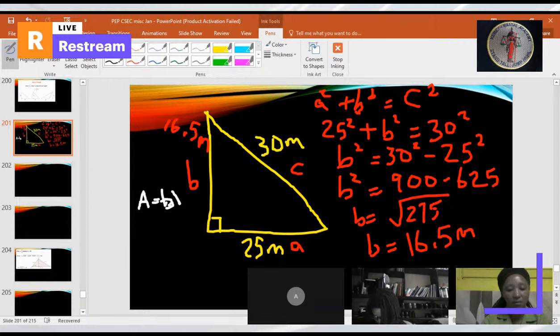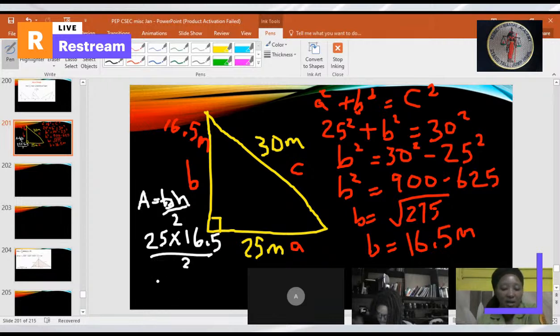Base times height is 25 times 16.5 divided by 2. So how much does that give? 412.5 divided by 2, and that would give us 206.25 meters squared.